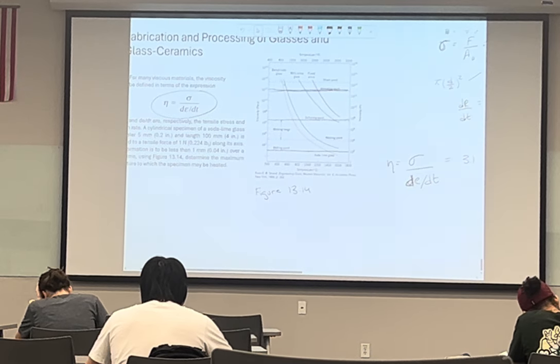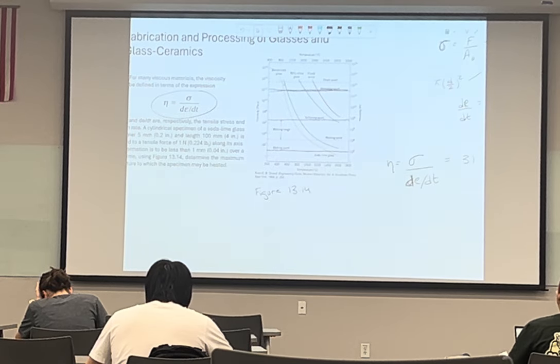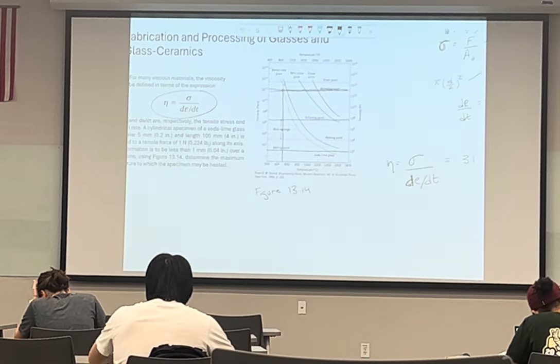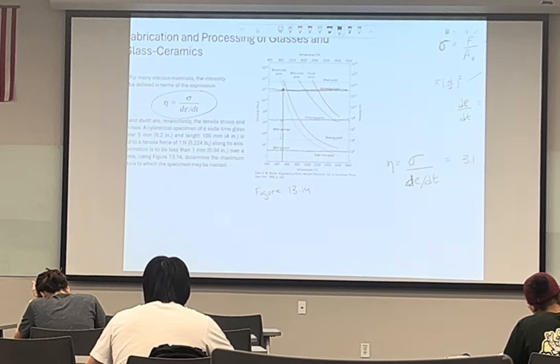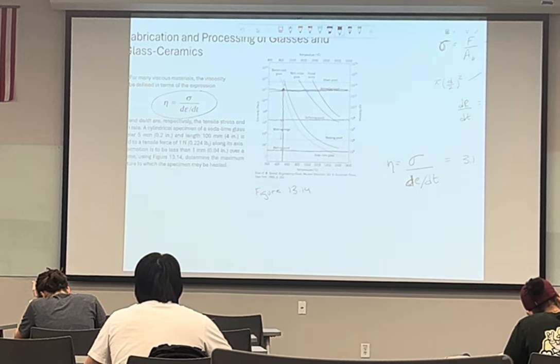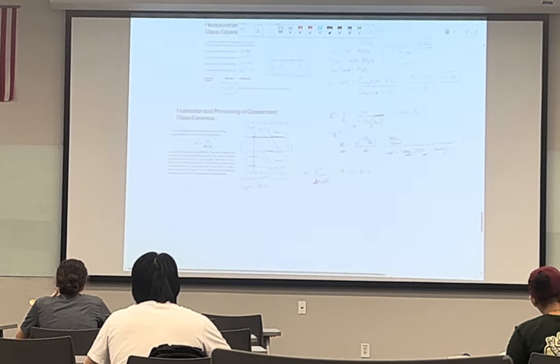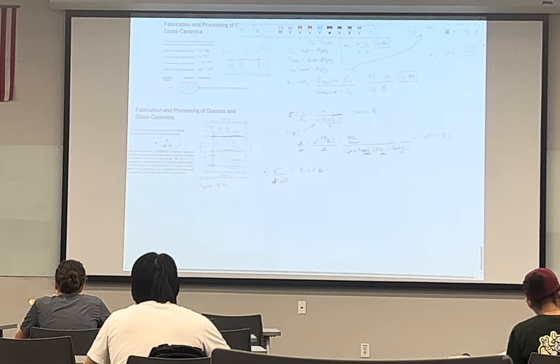So from the figure, the temperature at which we hit that viscosity is about 500 degrees Celsius. We start from down here, draw a line up, and soda lime glass is the yellow one. So we should be somewhere in that ballpark if we use the graph to help us solve the problem.